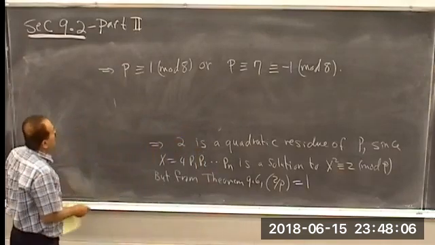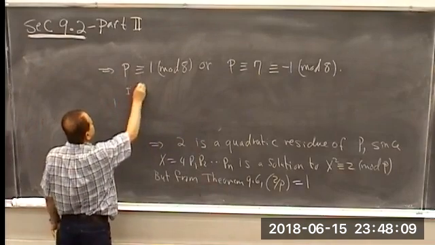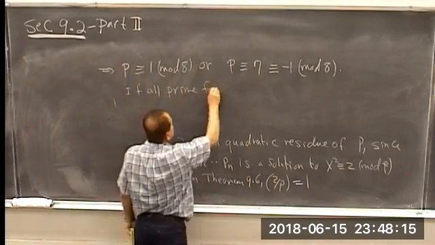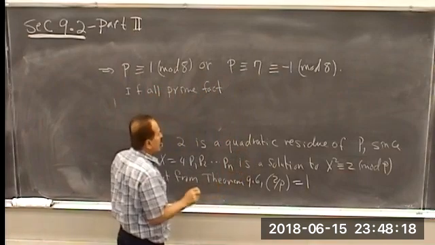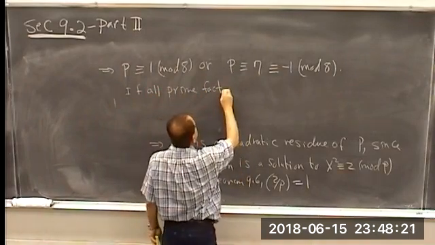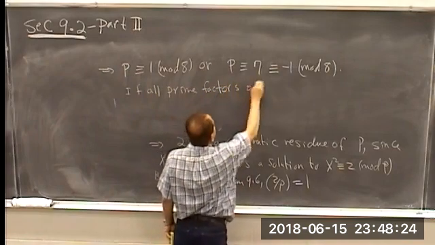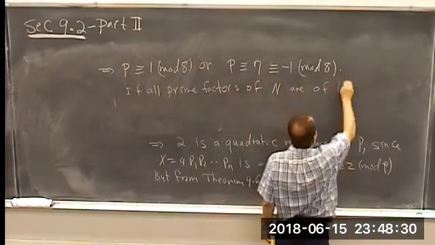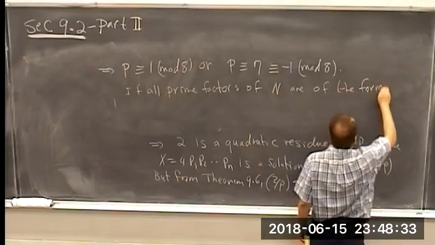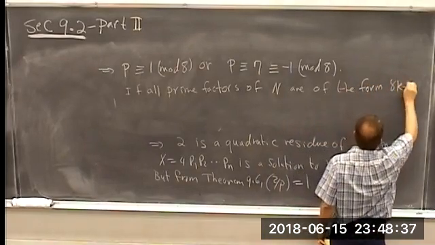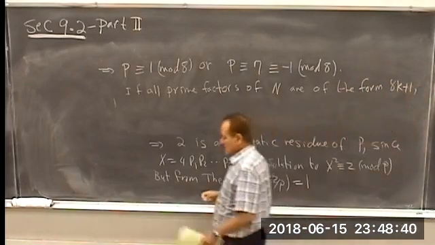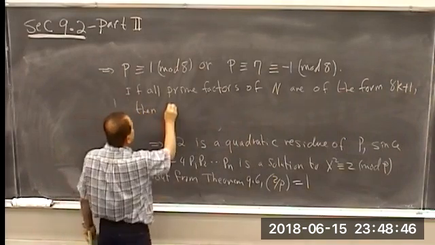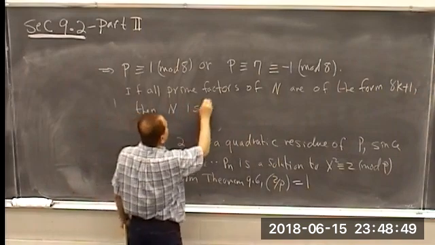Now remember that P is a prime factor of N. Now if all prime factors of N are of the form 8k plus 1, then N is of the same form.